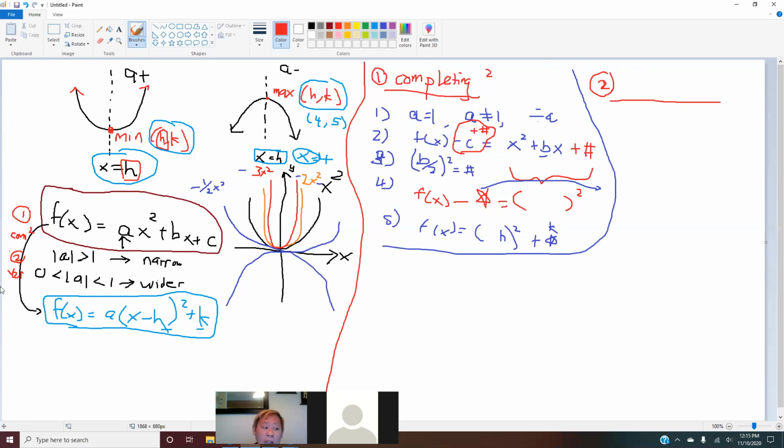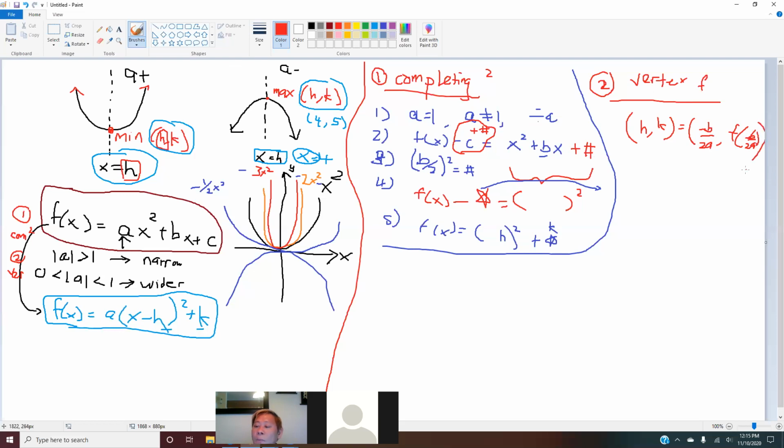But there is a shortcut to finding the vertex. It's called the vertex formula. This is a formula that you need to know. The vertex formula is given by (h, k), your vertex, which is this (h, k) that we have here. The formula is h equals negative b over 2a, and k equals f of negative b over 2a.